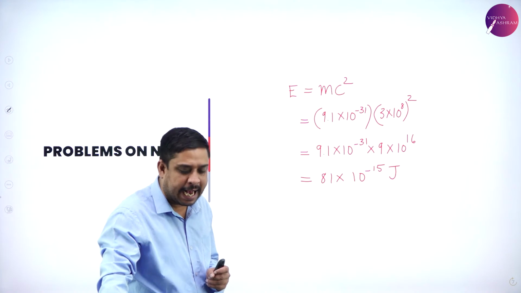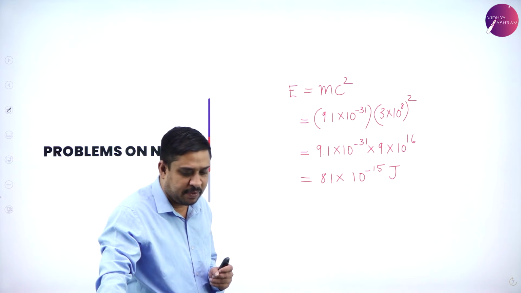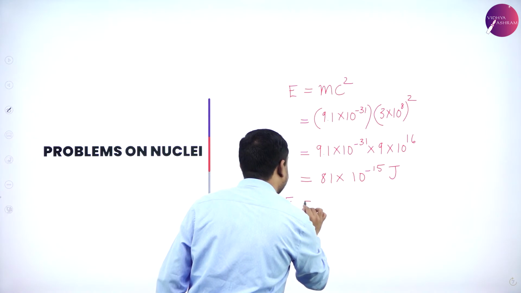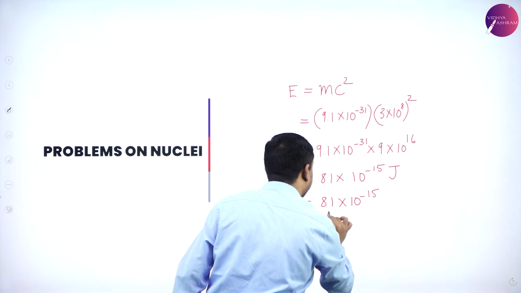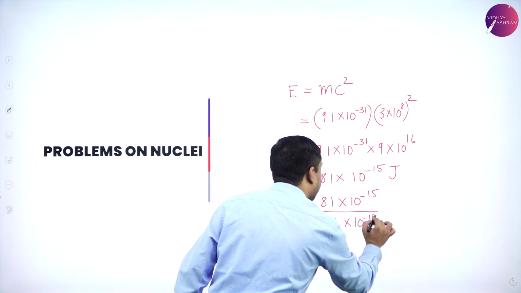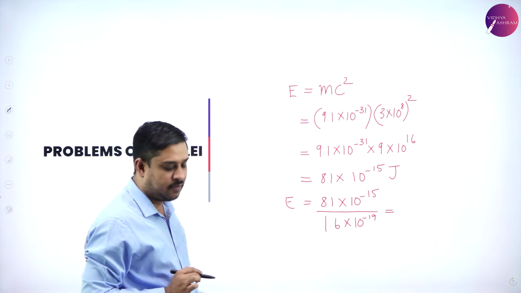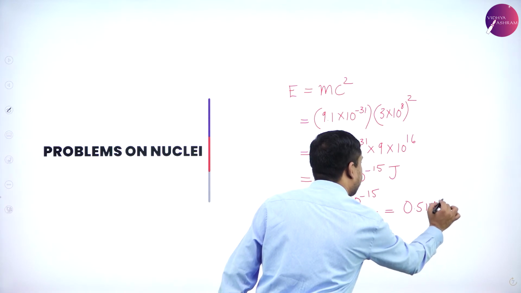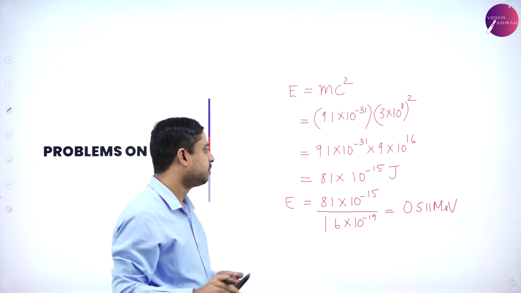But energy has to be in electron volts. So simplifying it in terms of electron volts, divided by 1.6 into 10 power minus 19, the charge of the electron, we get 0.511 MeV. So this will be the answer.